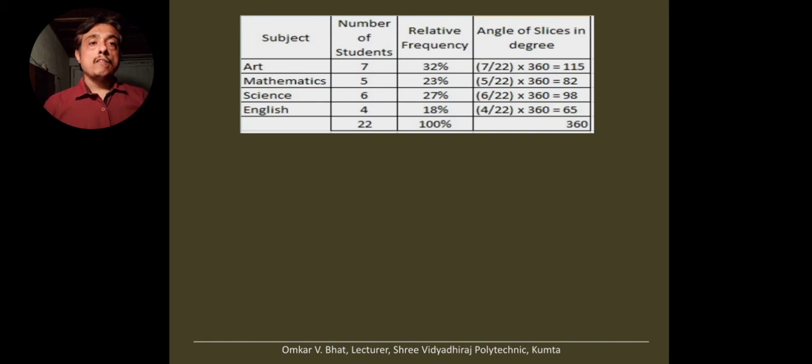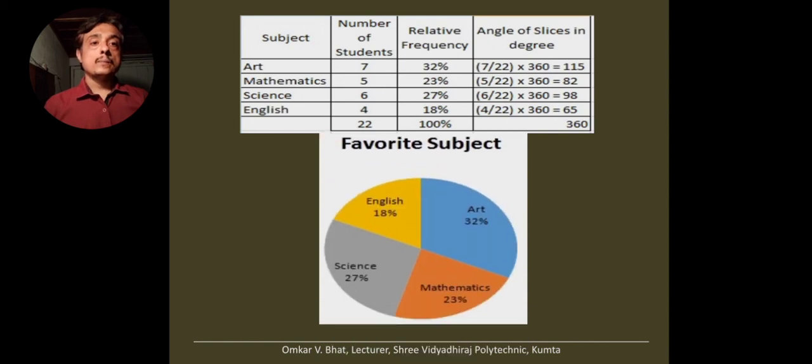So pie chart for this particular relative frequency distribution table is like this. See, title is given. Title is given as favorite subject. And you can see there are 4 slices or 4 segments. Each slice represents a subject.